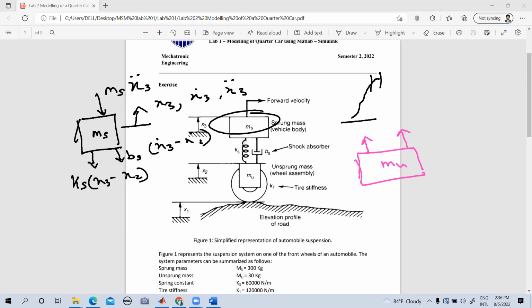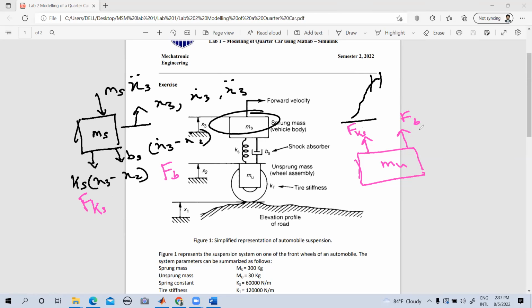For convenience, I will rename this as F_K and this as F_B.